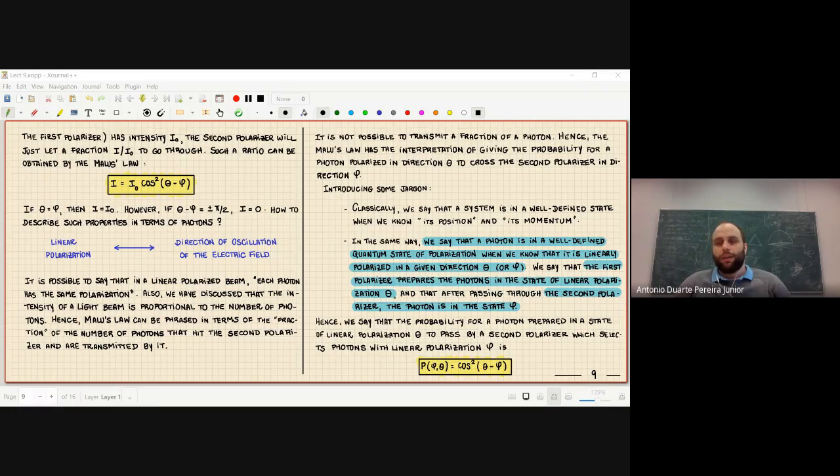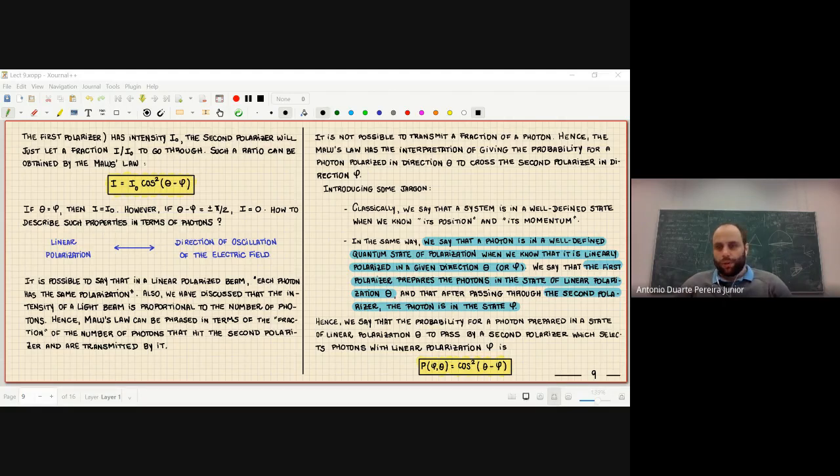And this immediately led to the conclusion that what you compute when you treat light as a beam of photons is the probability for a photon with a given polarization to cross a polarizer.